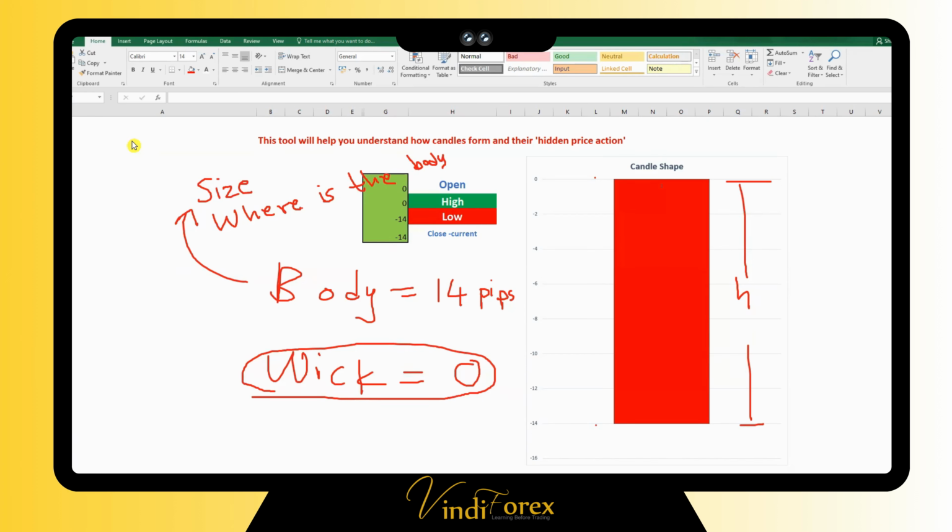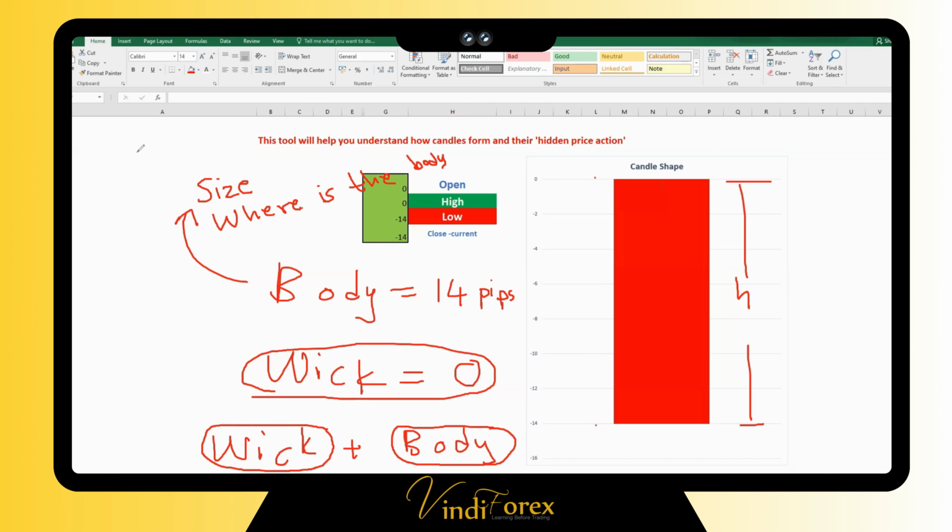I have to repeat this: the moment there is a wick plus the body, you start checking how big is the body and where is the body. And you check the same thing, how big is the wick and where is the wick located. The wick can be located on both sides of the body, right? Let me repeat that. Hey, it's going to be a mouthful. You'll have to watch this video over and over again.